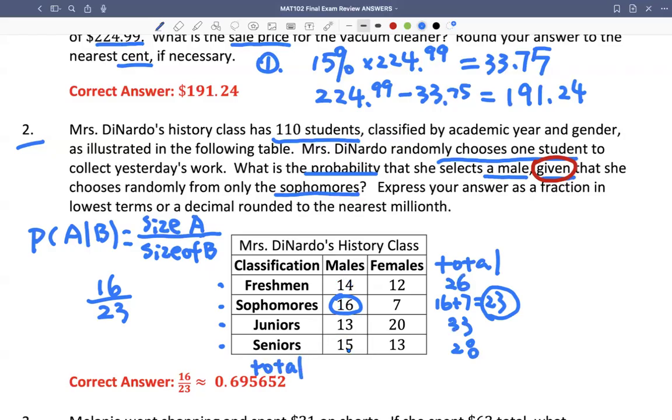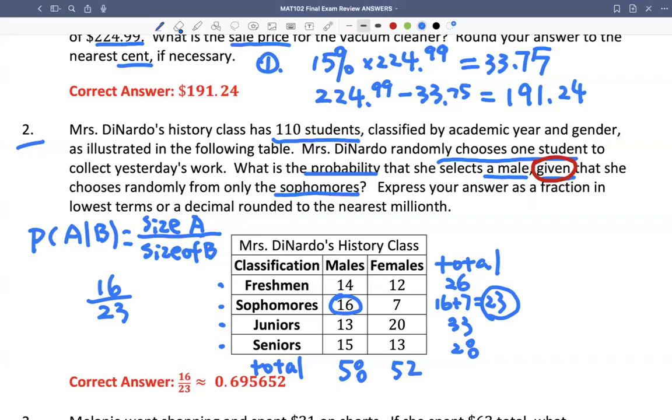Then add up all the males: 14 plus 16 is 30, 30 plus 13, 30 plus 28, 58. How many females in total? 12 plus 7 is 19, 39, 52. Yes, 52.